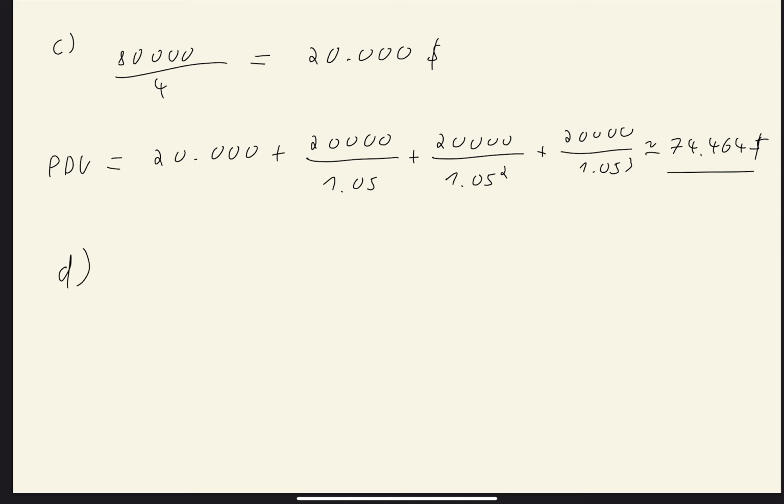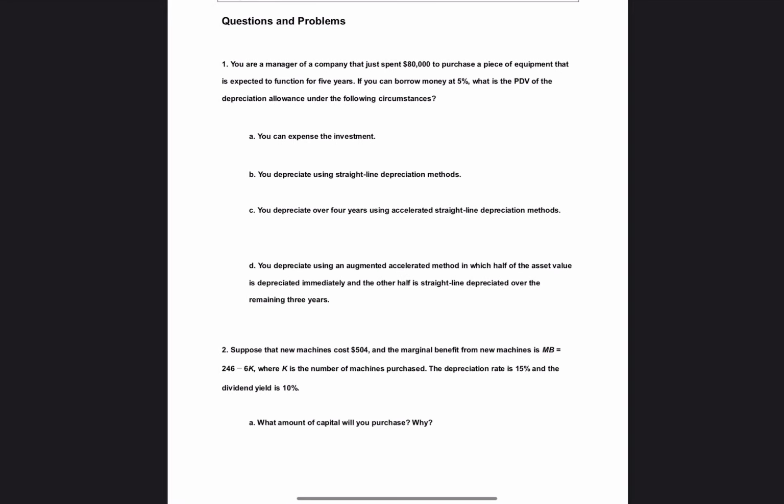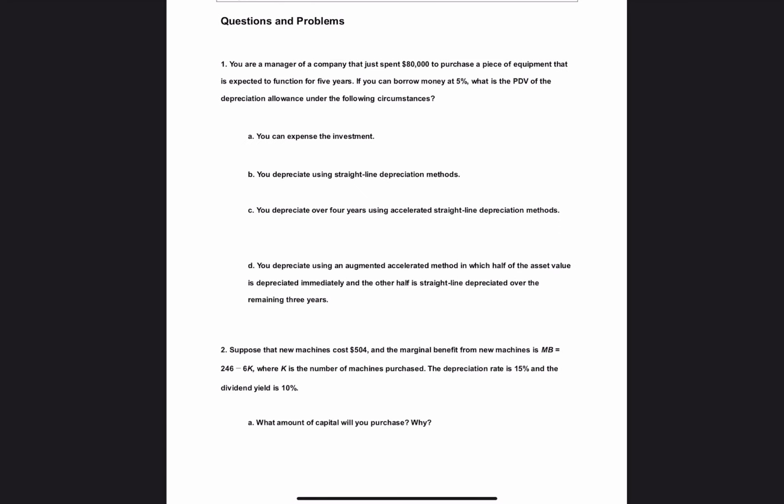Okay, then finally, this was what I switched up earlier. So finally, we come to a depreciation method, which is called the augmented accelerated method. This is a nonlinear depreciation method. This is what I was referring to before, wrongly.